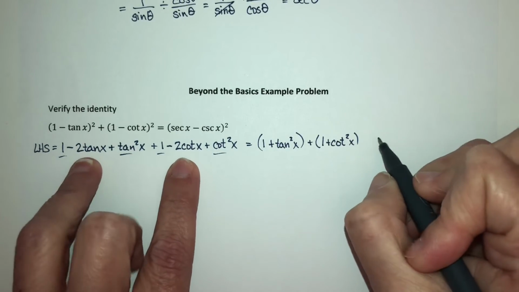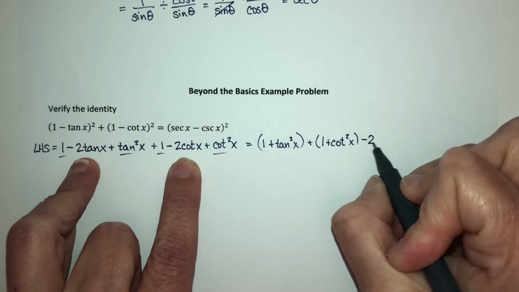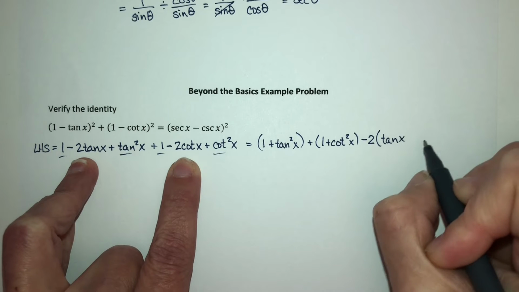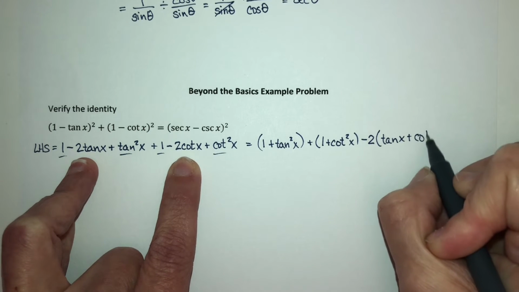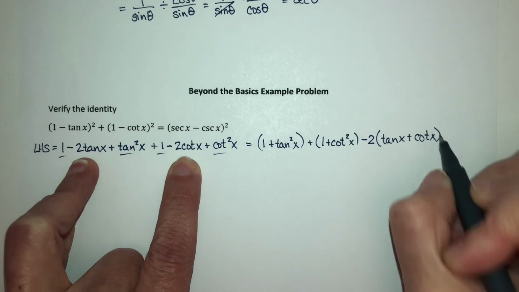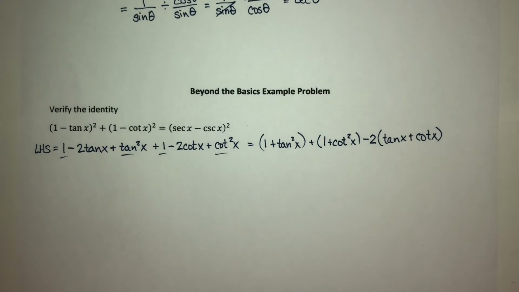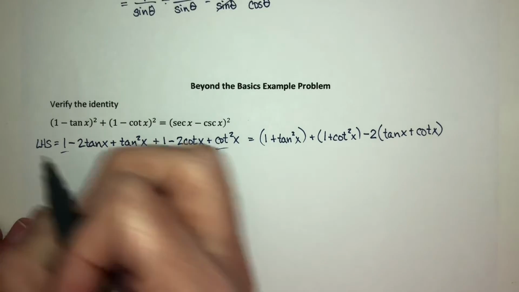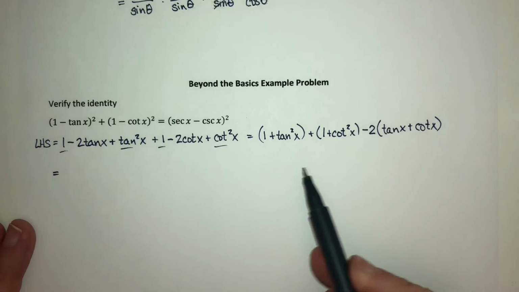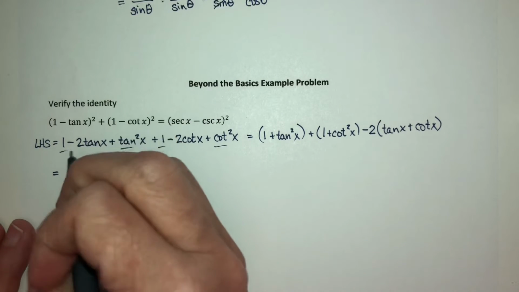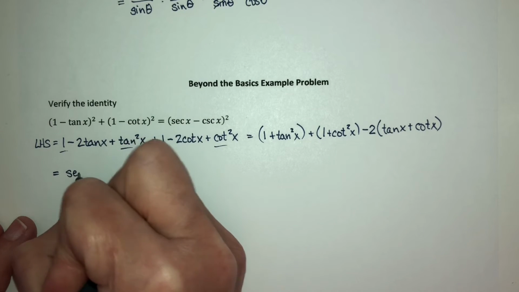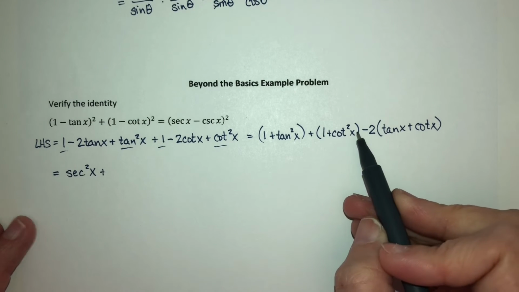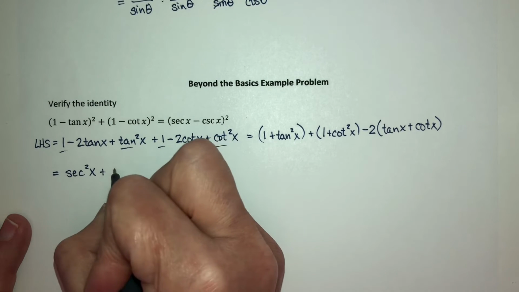And then I have these two, and I can factor a 2 out of that, right? So I have tangent x plus cotangent x. Now, why did I do these? Because these are Pythagorean identities. 1 plus tangent squared of x is secant squared x. Plus 1 plus cotangent squared x is cosecant squared x.